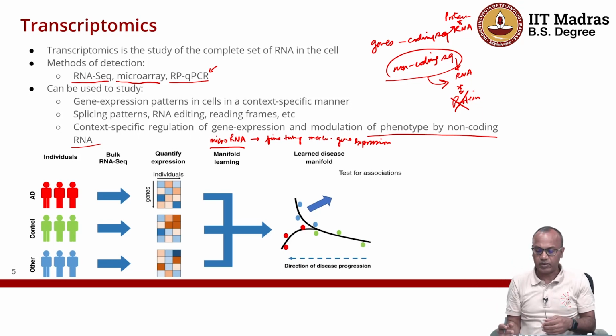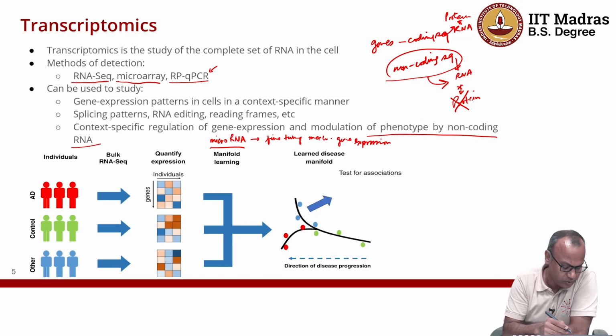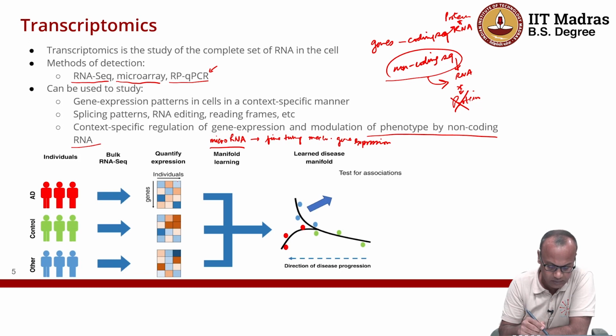In this schematic, what it is trying to show is that you have control, you have a disease population, and you have another population. You do RNA sequencing and check the differences in expression. You can see this is a set of genes that is not getting expressed in disease individuals, and in the other it was the opposite, but now this is different.